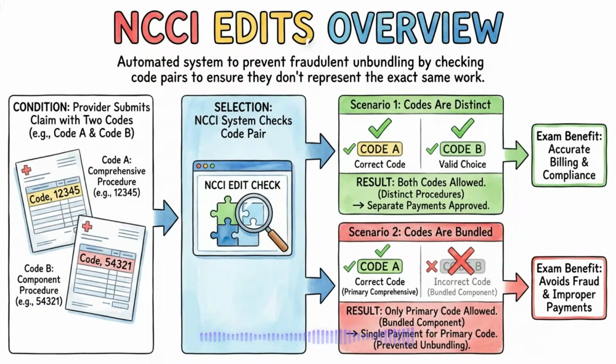Understanding how these edits function is vital, because commercial insurances have also adopted these exact same rules. The exam will expect you to know how to navigate NCCI rules to determine if 2 procedures can be billed together or if one is considered a bundled component of the other.